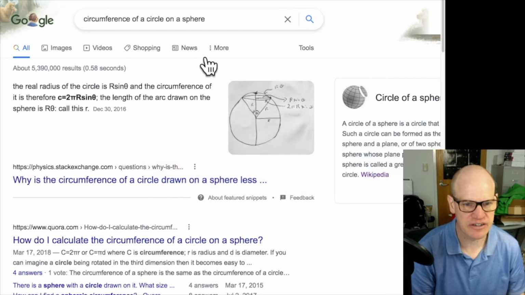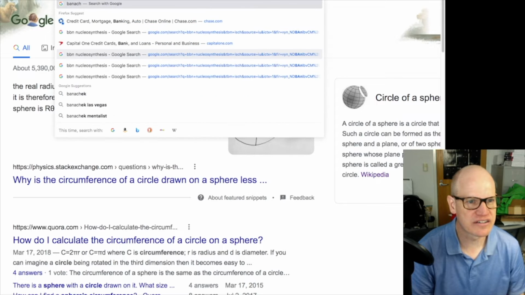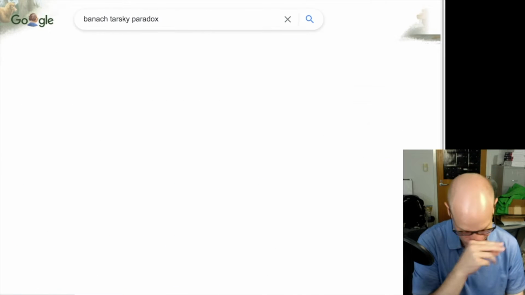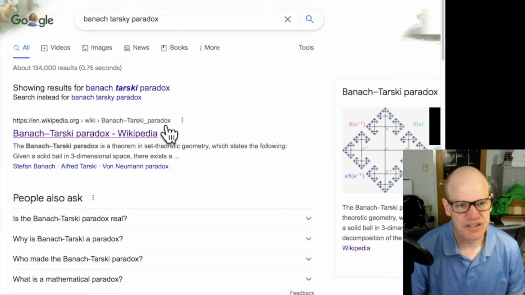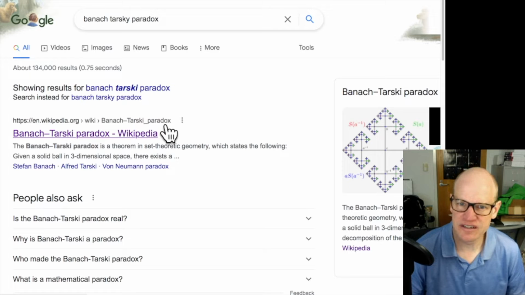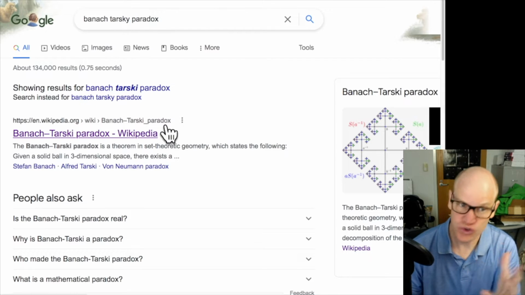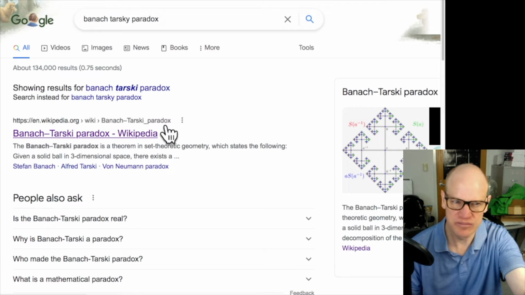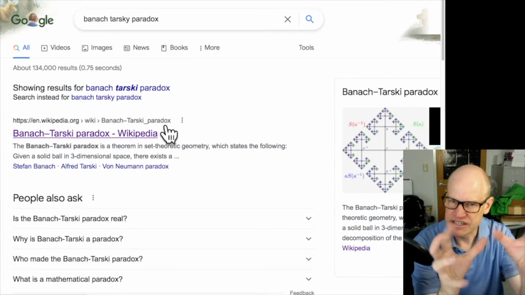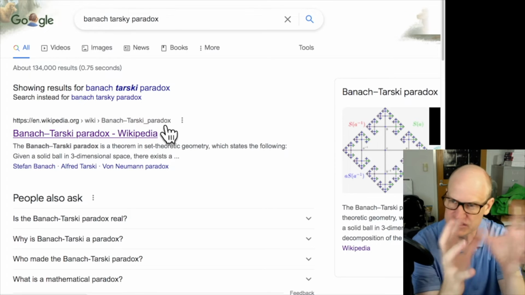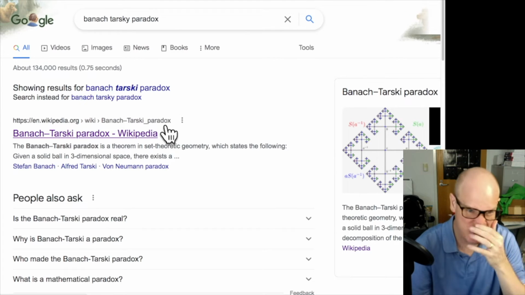One of the really famous ones is called the Banach-Tarski Paradox. You can look it up. It basically comes down to this: if you believe that the axiom of choice is true, then you have to deal with the paradox, which is that you take a sphere, break it into pieces, and get spheres equal in size to the original sphere.